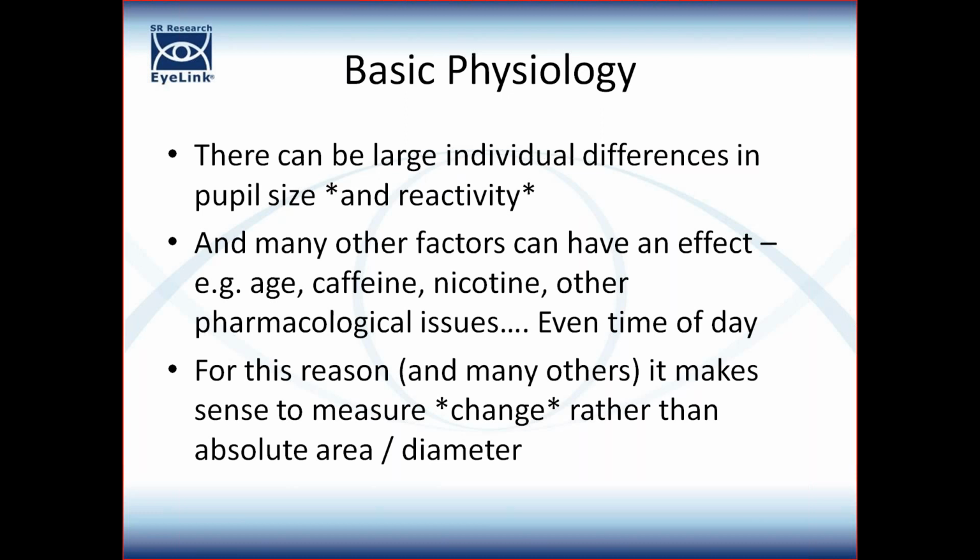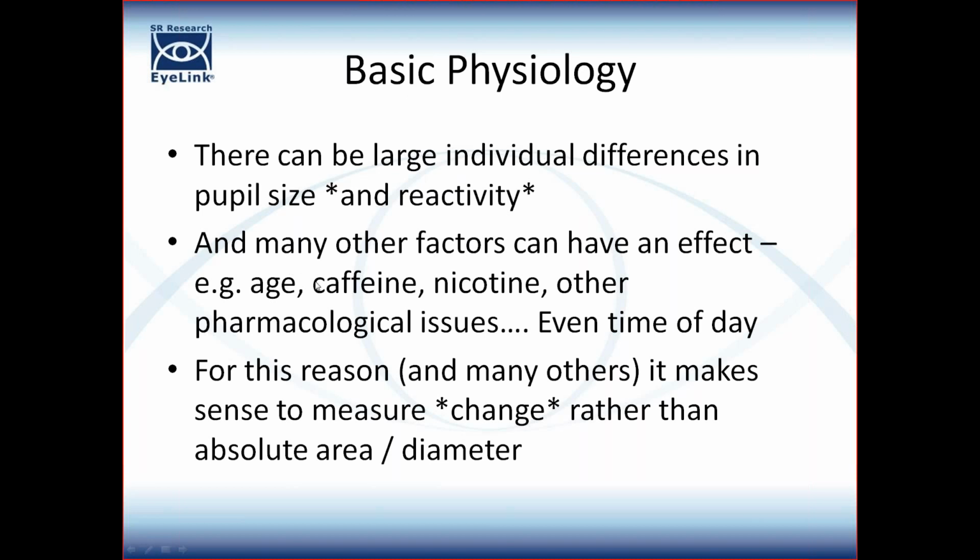Ultimately, what you want to be reporting is change, because there's so much variation not only in baseline pupil sizes, but also in how reactive people's pupils are. If you shine a light in somebody's eye, the time it takes for the pupil to begin to constrict and the time it takes to constrict will be different across individuals. Not hugely, but there are individual differences.